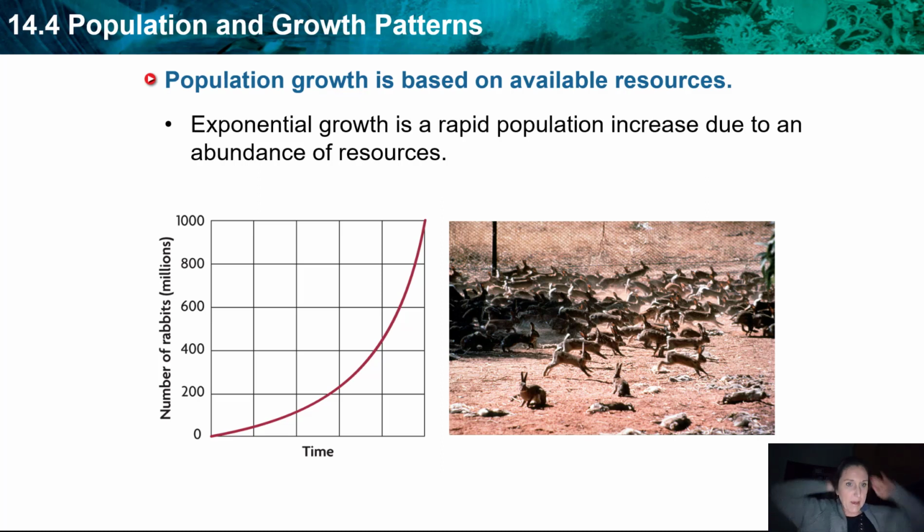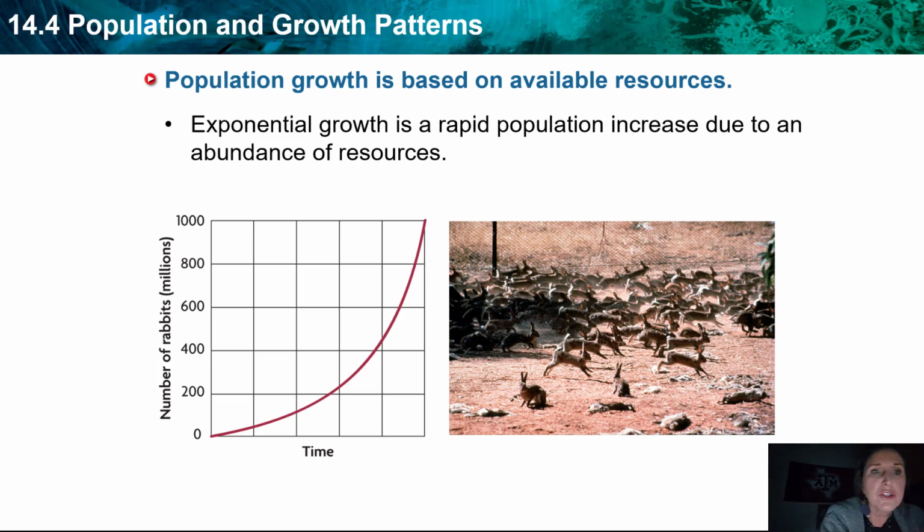But if they live in an area where they have plenty of rabbits to mate with, plenty of grass to eat, and low predation, they are going to soar. So you could start off with just a few rabbits, and in just a year, you could have an exponential number of rabbits.